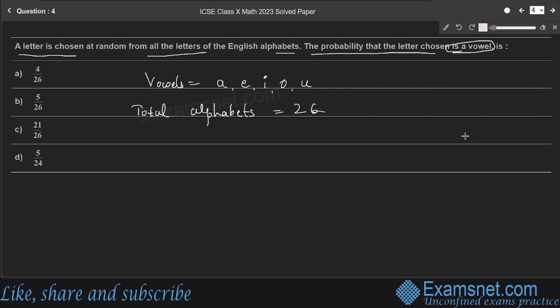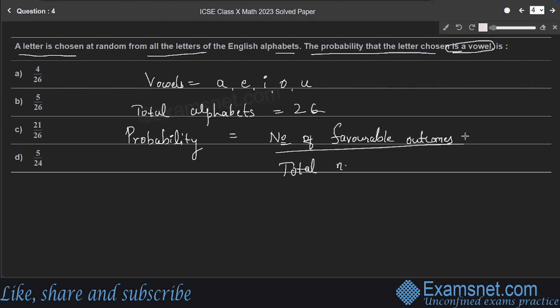According to the formula, probability is the number of favorable outcomes divided by the total number of outcomes, right? Here, the number of favorable outcomes is nothing but the number of vowels, divided by the total number of outcomes, which is the total alphabets.